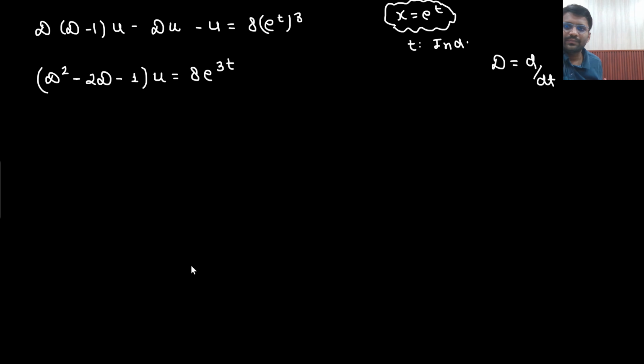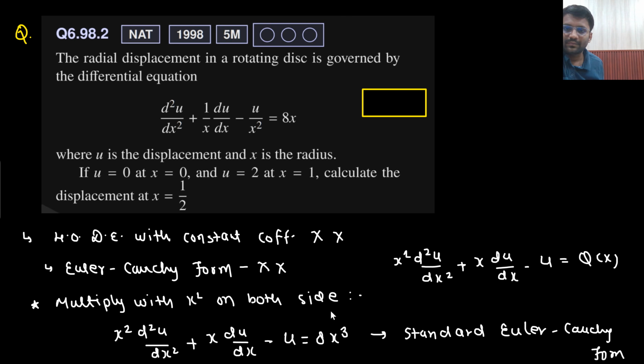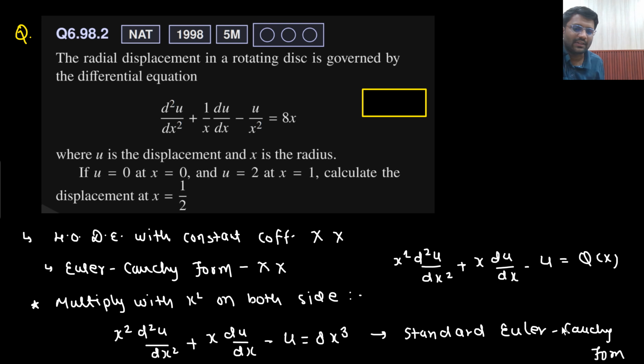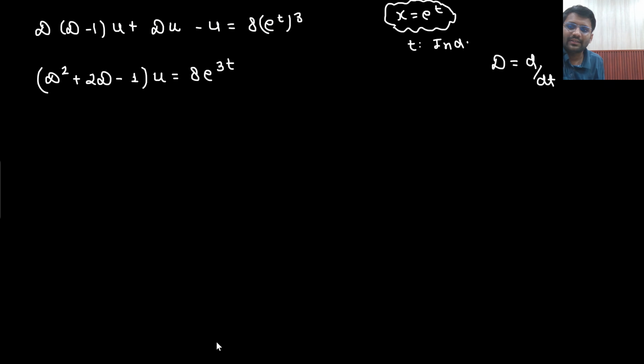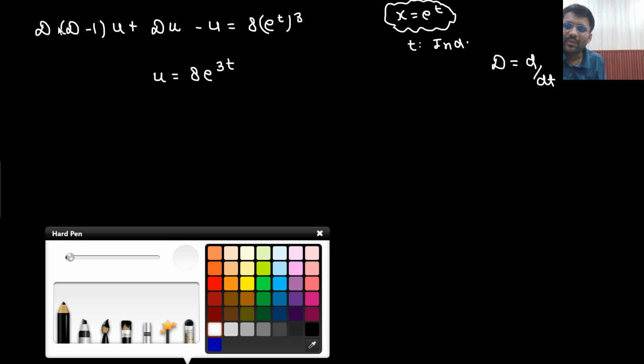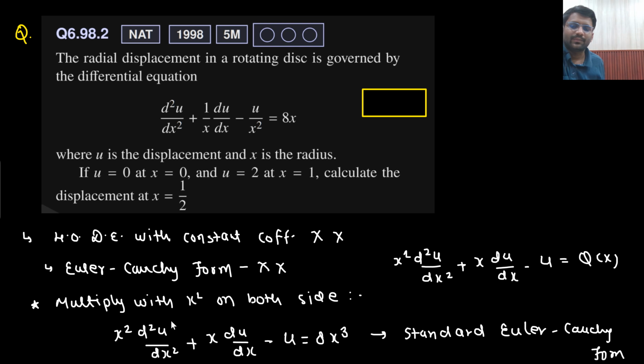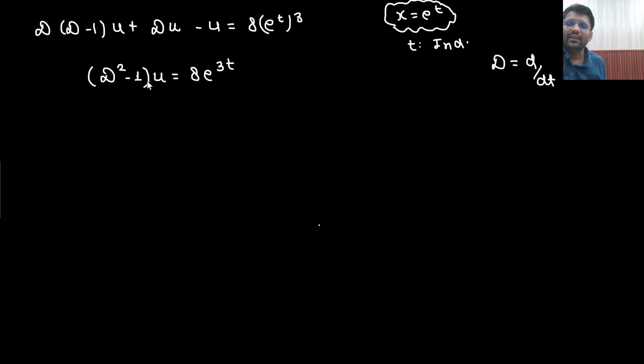Say yes or no? d square, here there is plus. So d square minus d plus d minus 1 will become d square minus 1 only. d into d minus 1 plus d, into u minus 1. So d square minus 1 into u.